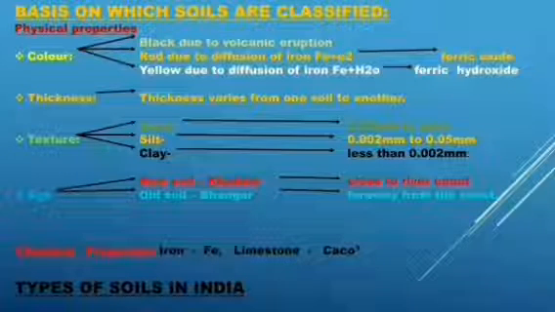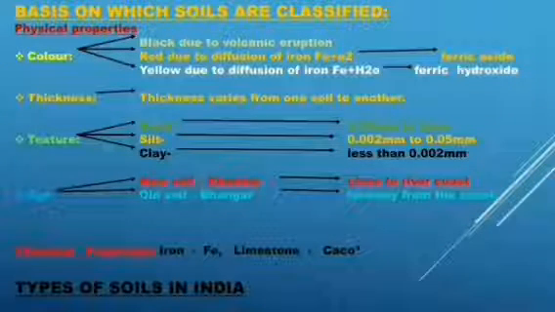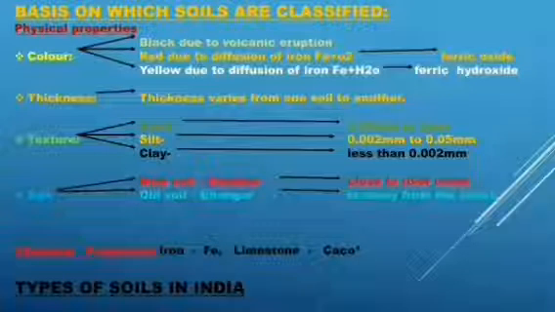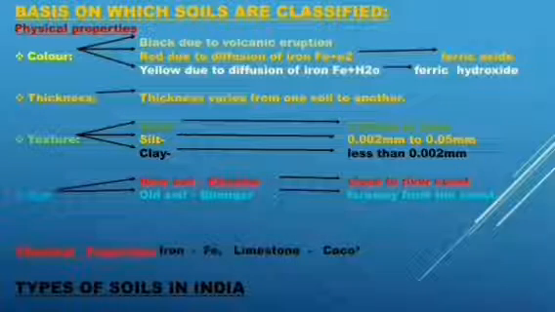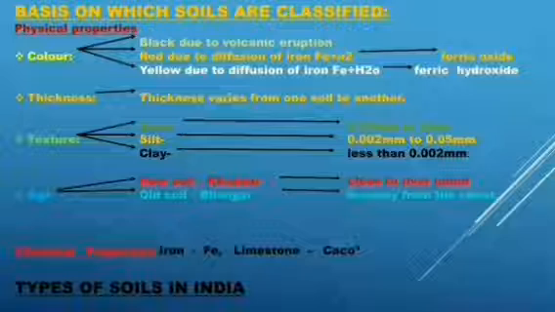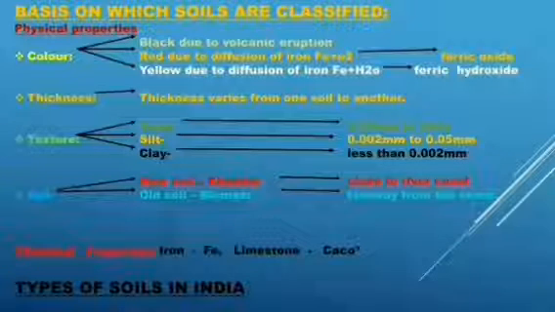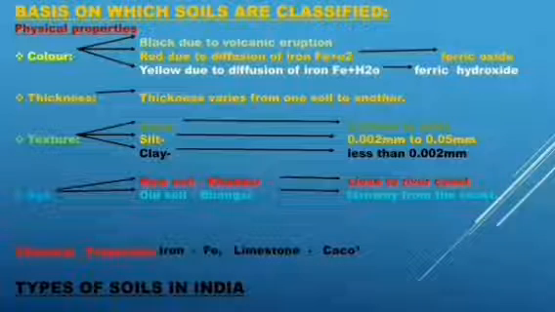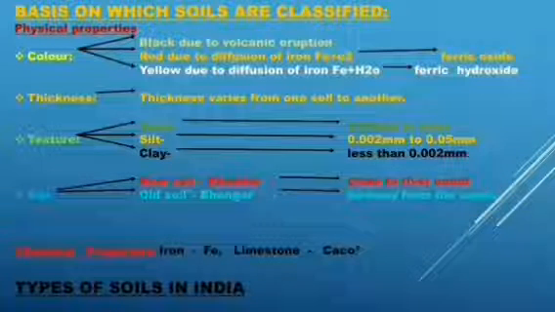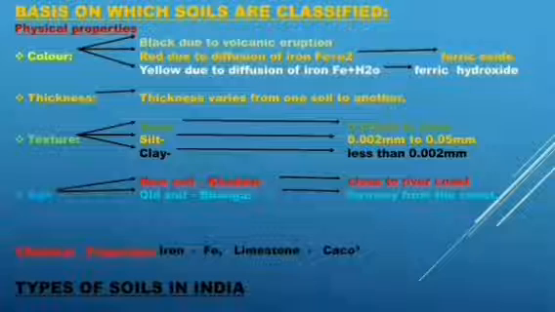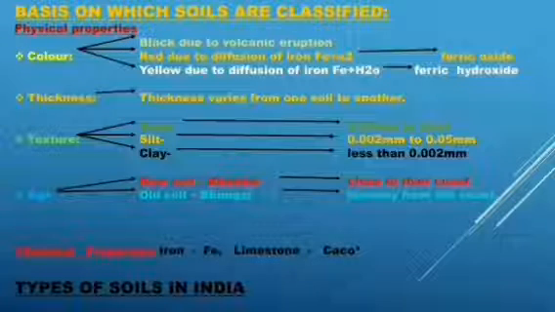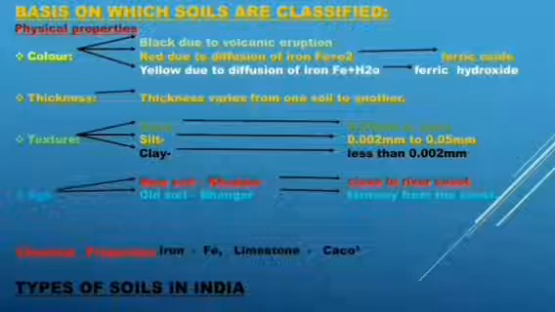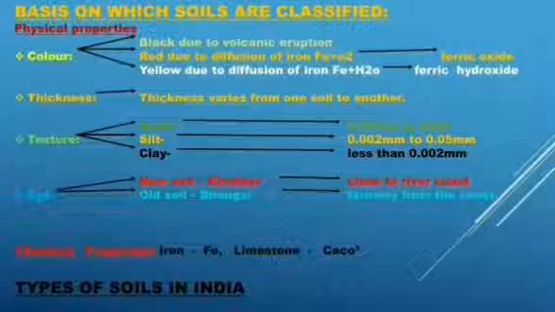This is the composition from which these soils have been formed. But these elements are not found in each and every soil. They vary. For example, phosphorus is found in alluvial soil, but black soil lacks this phosphorus. This is one example that it varies from one soil to another.